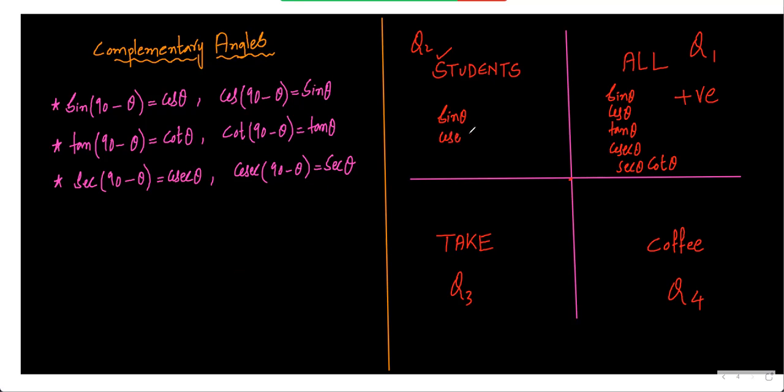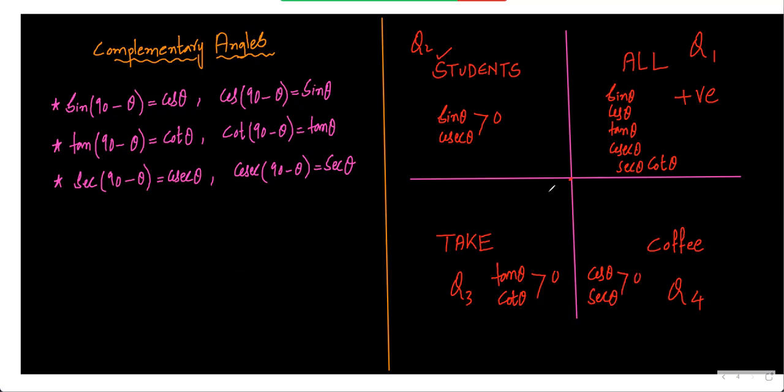Sin reciprocal is cosecant theta, both only positive here. Second quadrant में खाली sin और cosecant ही positive रहता, बाकी के values negative रहते. T stands for tan means tan theta and cot theta are positive. Rest of the all values are negative. C stands for cos means cos theta and its reciprocal secant theta are only positive in this quadrant.